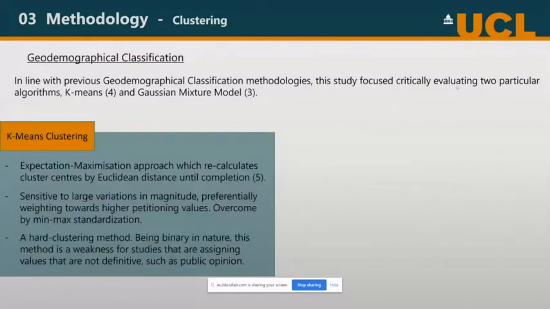And just to quickly go through this, because I know that time is of the essence. K-means clustering is just an expectation maximization approach, and it's mainly for hard clustering. So it's basically very binary in that a particular constituency belongs to one class or another, and there doesn't seem to be a grey area between.